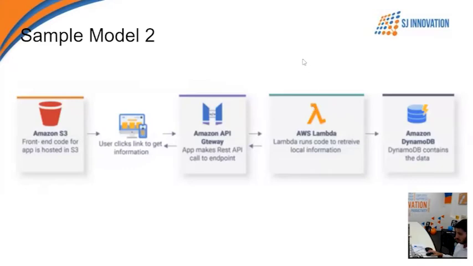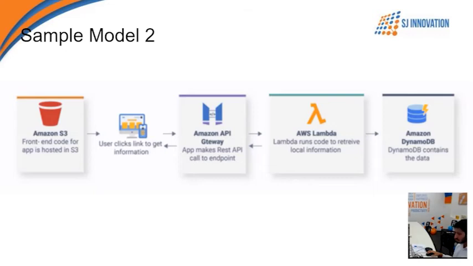This is a second model where you host your website on S3. A very good option available in S3 is that you can host your website, so you do not rely on Amplify to host your website. You can make your S3 bucket available to host a website, such that you can point your DNS or domain to the S3 endpoint, and you can visit your site using that domain.